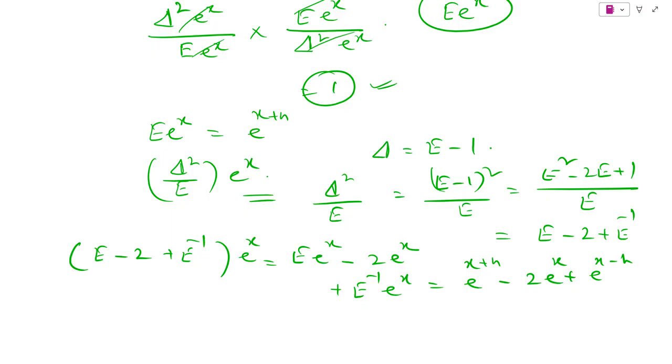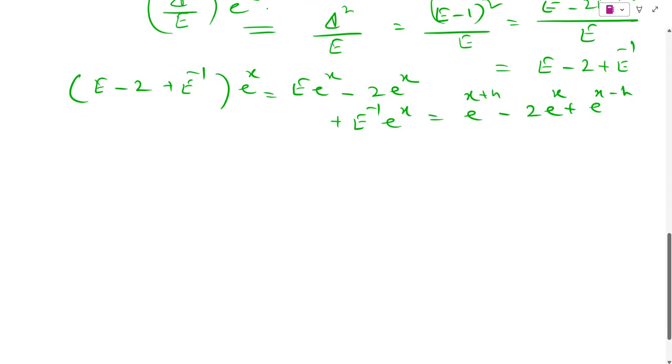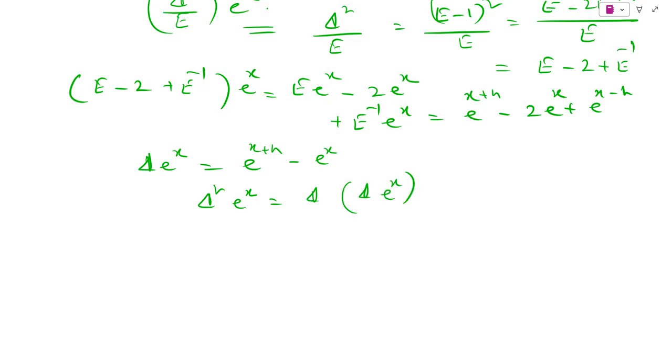Now let's calculate the value of delta square e to the power x directly to see what it equals. So delta e to the power x is e to the power x plus h minus e to the power x. So delta square e to the power x is delta of delta e to the power x, which is delta of (e to the power x plus h minus e to the power x), right?